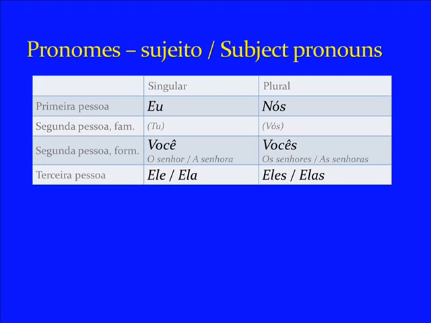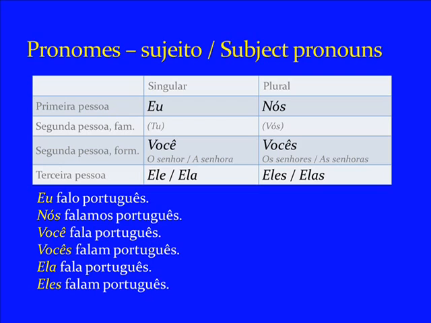Now, they do also have more formal pronouns, such as o senhor, a senhora, or os senhores, as senhoras, but I'm not going to use those throughout this presentation. So those are the most commonly used subject pronouns in Brazilian Portuguese.